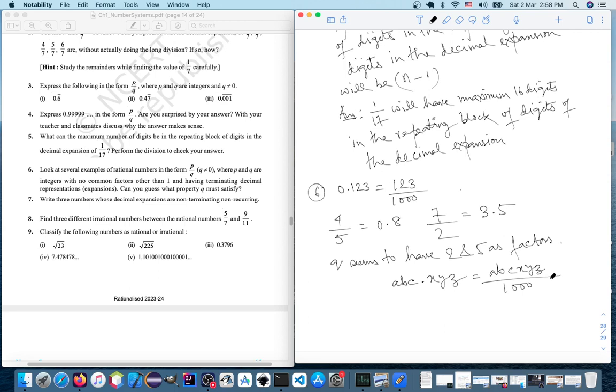There will be no common factor between P and Q. So for any power of 10, the only two factors are 2 and 5. So we can consider P as something which does not have the factors 2 and 5.